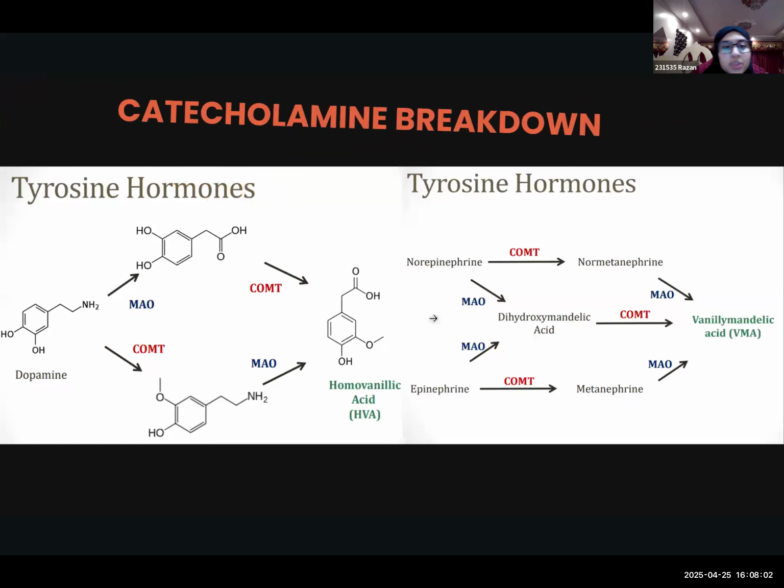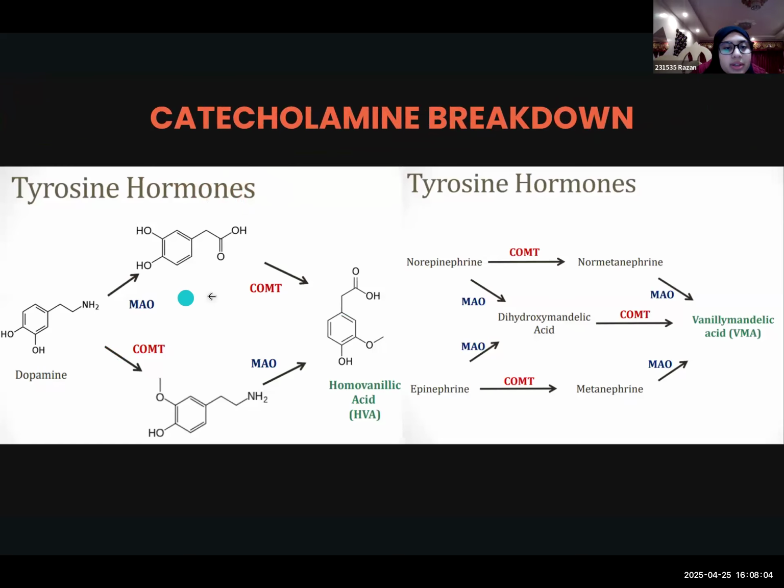Let me explain it here in the picture: these two are going to degrade dopamine, norepinephrine, and epinephrine. It doesn't matter which one it started with, either MAO or COMT. If it's degraded first by MAO, it's going to be degraded again by COMT, then it's going to give you homovanillic acid. Again, same thing whether it's COMT or MAO.